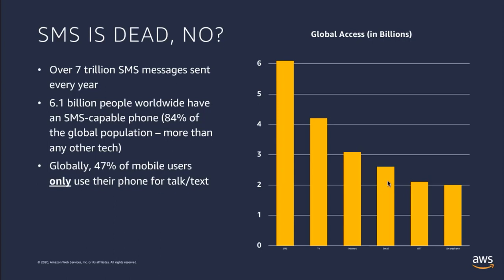Globally, what we found is nearly half of mobile users only use their phone for talk and text. So again, this reiterates the point that the SMS channel is really effective for reaching a broad audience. It also raises a good point when you think about the demographics of your customer base. Think about an application that might skew to an older demographic.